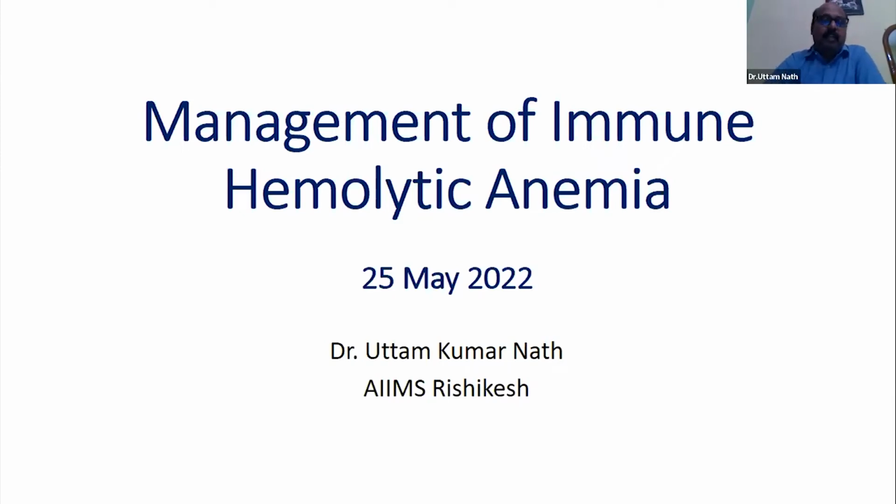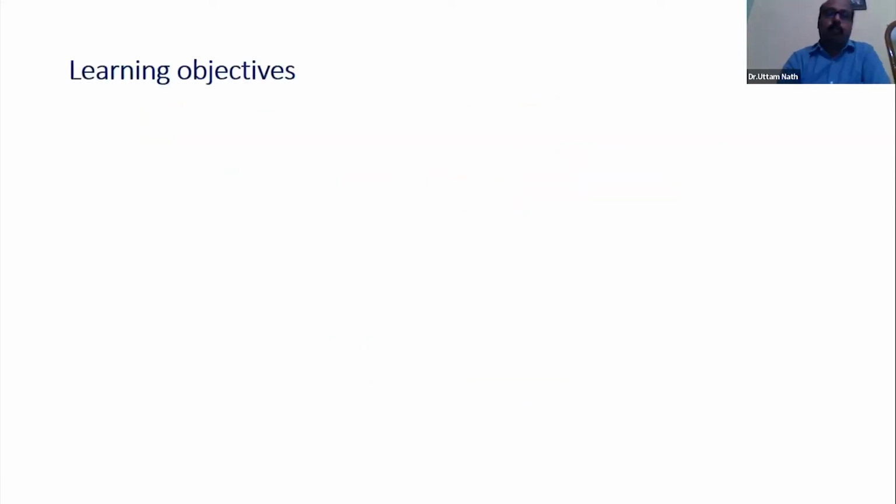Today's topic is management of immune hemolytic anemia, which I believe is a very vast topic. So I have taken the privilege of focusing mainly on autoimmune hemolytic anemia, the different types, which are the commonest hemolytic anemias other than thalassemias, which we see in our day-to-day practice.